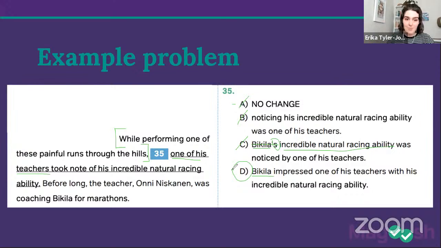And if we read the rest of the passage, we see that it's a passage about Bakila being a marathon runner. So with that information, we can say it's Bakila. Bakila is the one who's running. While technically A is a grammatically correct sentence, and so is C, frankly, it doesn't make sense. So we have to go to meaning sometimes even with grammar questions.